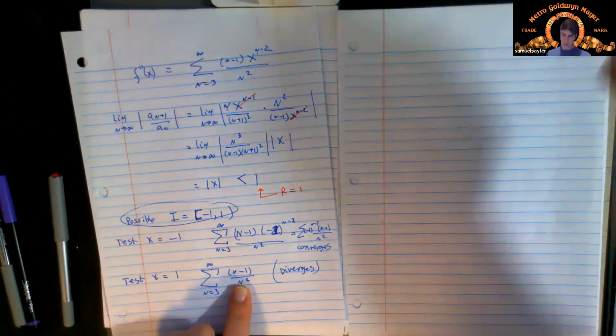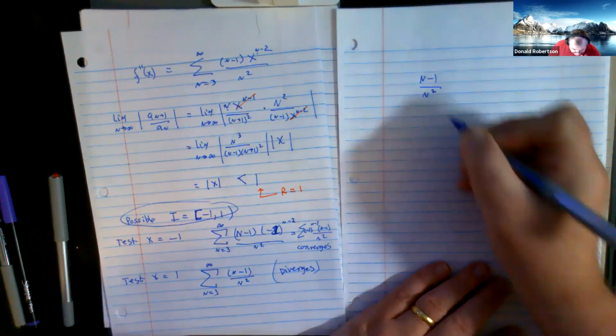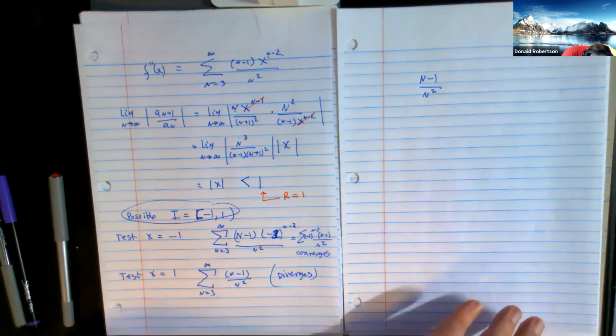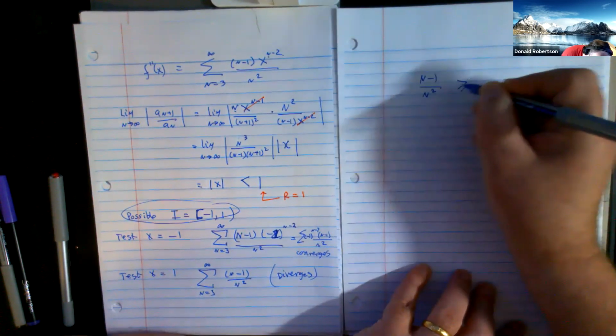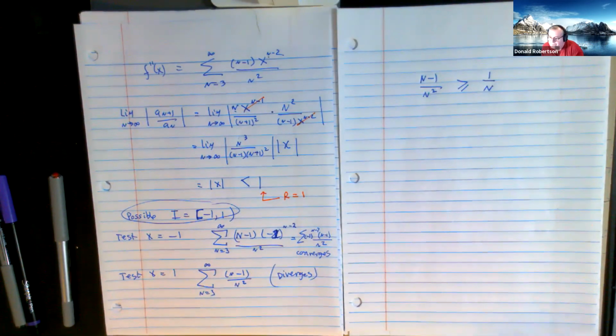Yes. So n minus 1 over n squared. If I wanted to use just a comparison test, I would have to prove that this guy is bigger than the one that diverges. I believe that that's not true.